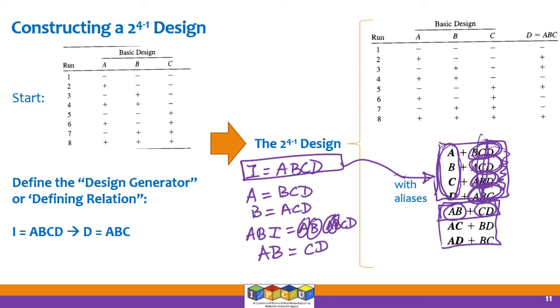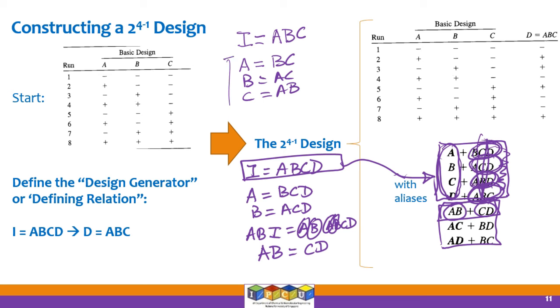So if I went for a design generator with defining relationship I is equal to ABC, then A will be aliased with BC, B with AC, and C will be aliased with AB.